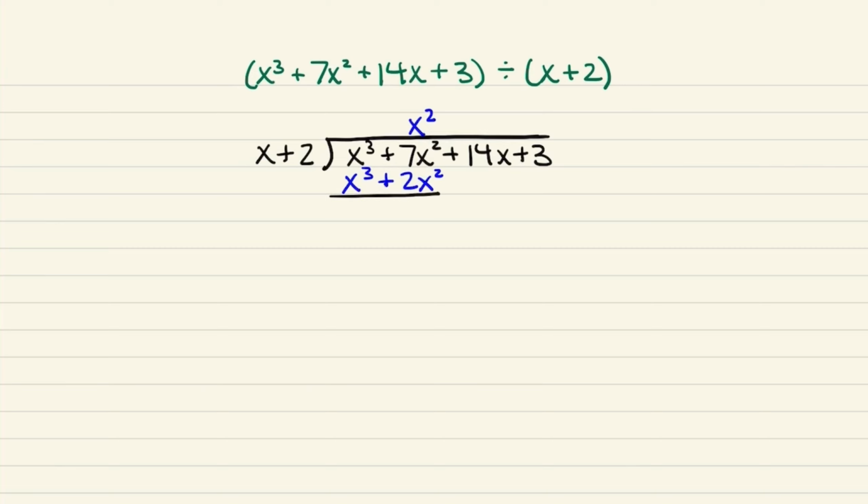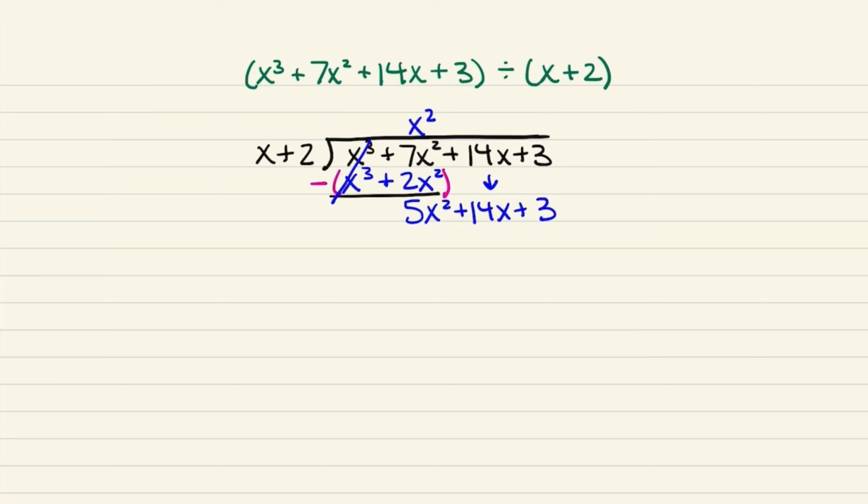Now we subtract, put our parentheses, x cubed minus x cubed, those cancel out, that's 0. 7x squared minus 2x squared will give us 5x squared. And then we bring down the rest. That's positive 14x plus 3.